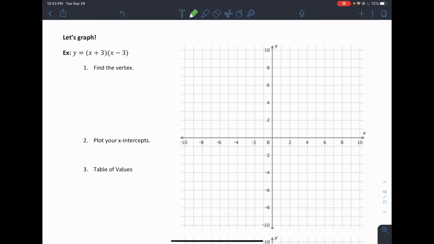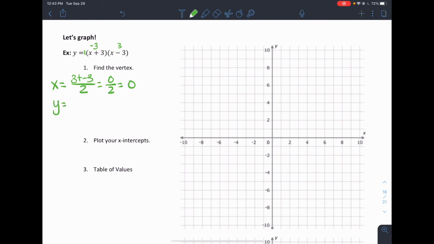In this first example, we have y equals x plus 3 times x minus 3. The first thing I want to do is find the vertex. So I have negative 3 and 3 for my x-intercepts. And remember, my a is 1. So x equals 3 plus negative 3 over 2, 0 over 2, 0.